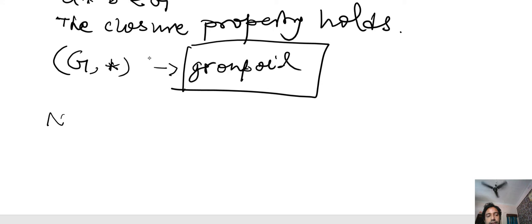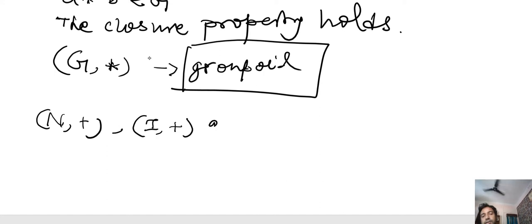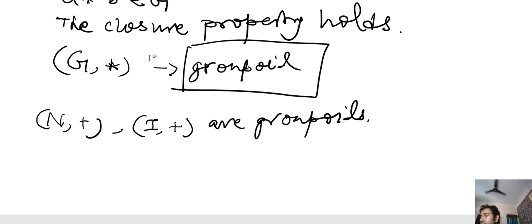The set of natural numbers taken with the binary operation plus, and the set of integers taken with plus, are groupoids.